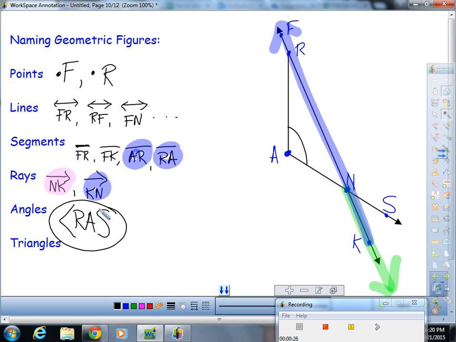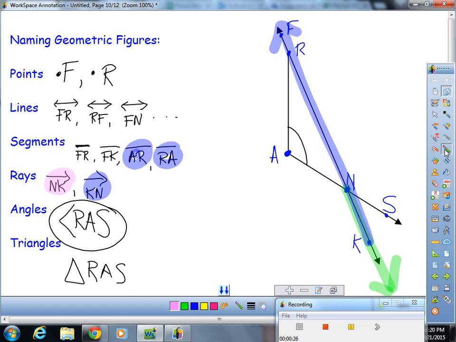Let's compare that to triangle RAS. And the difference is triangle RAS contains 3 angles and 3 sides. So let's see.